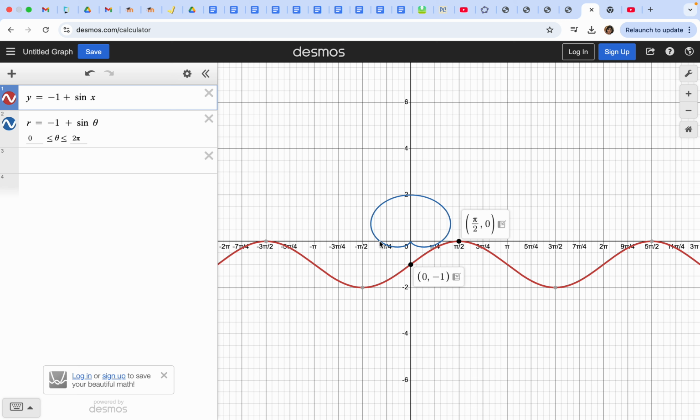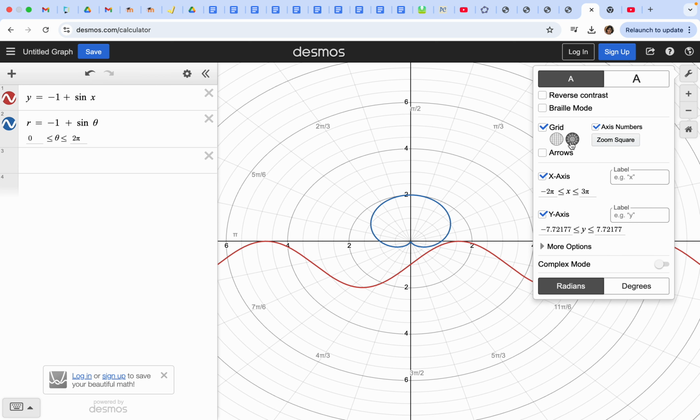So that means it has to be going back towards the origin, right? And it's negative. So look, it's negative here on the polar. It's negative in the polar when it's negative in the rectangular. And because it's increasing, it's going back to the origin.